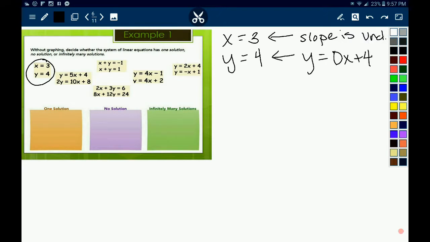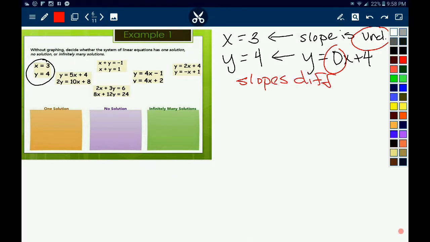Okay, and the reason it's undefined is there's no way you can possibly put that equation in y equals mx plus b because there's no y. And if you remember, if it says x equals a number, that was a vertical line through the x-axis. So technically, because one slope is 0 and one slope is undefined, that means that the slopes are different.